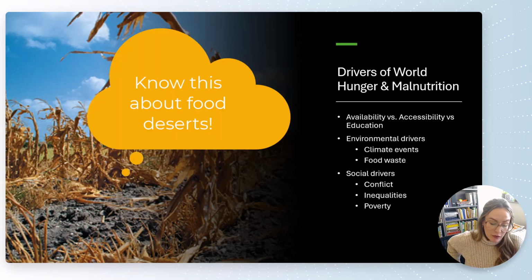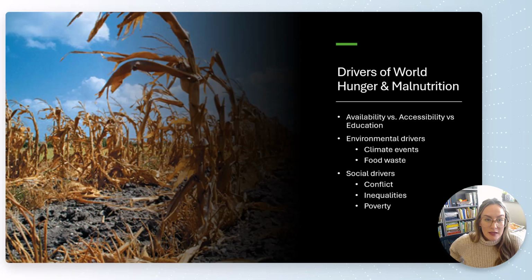And accessibility of food is this idea of the term food deserts. Food deserts are areas that lack grocery stores, farmers markets, and other sources of healthy food. These can happen a lot in the US, especially because it's considered a food desert if you live in an urban area and you live more than 1 mile from a grocery store that serves a variety of healthy and nutritious foods.